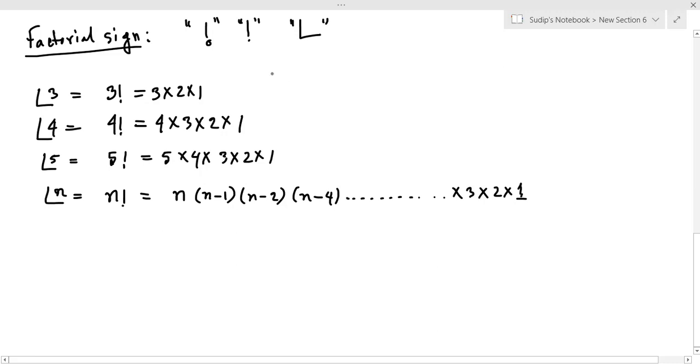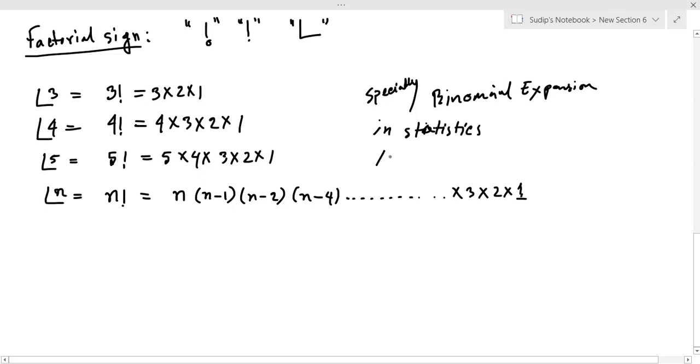It is specially used in binomial expansion, and also in statistics and combinatorics, which covers combinations, permutations, etc. You will see this factorial sign in your next classes.